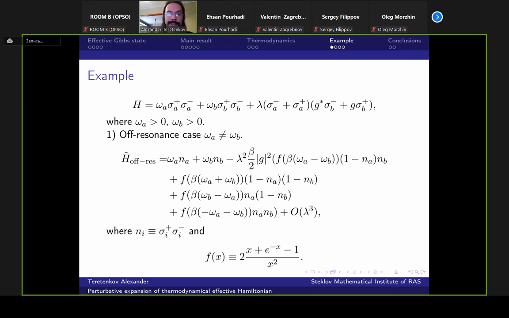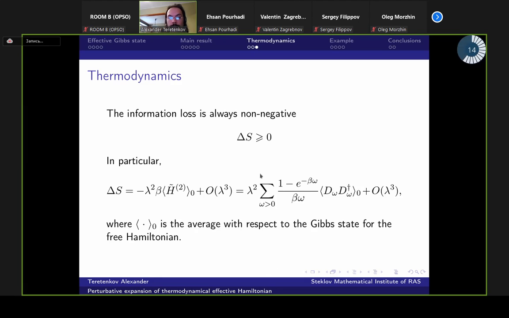It is possible to consider the off-resonance situation, when the frequencies of one two-level system and the second two-level system are essentially different. Then we will obtain the following effective off-resonance Hamiltonian, where the function f of x is exactly defined by terms like this.